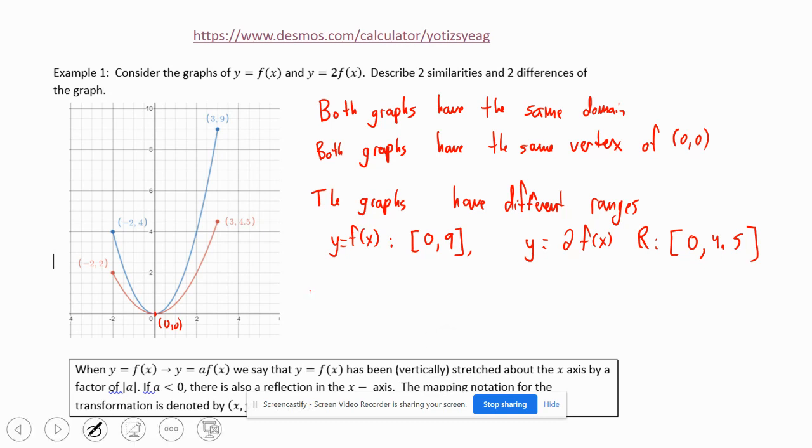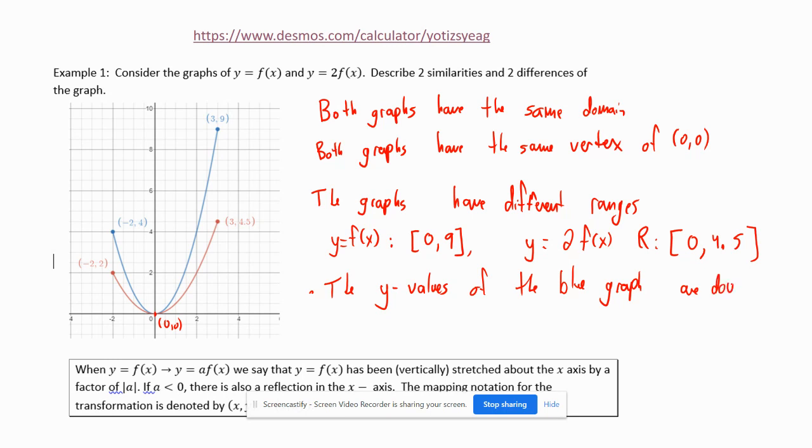I'm also going to say the y values of the blue graph are double the y values of the red graph.